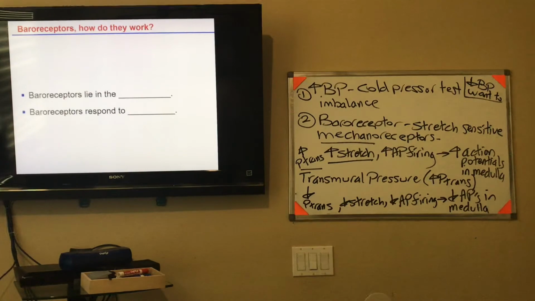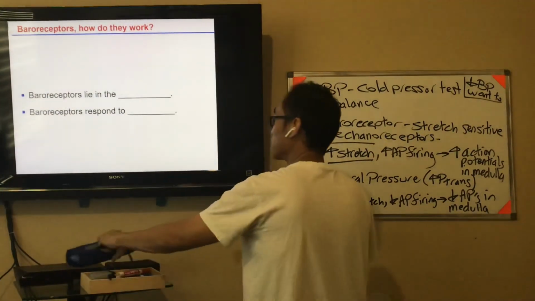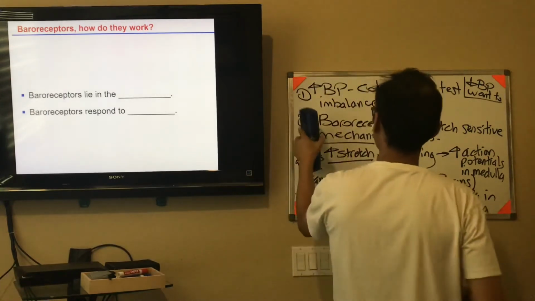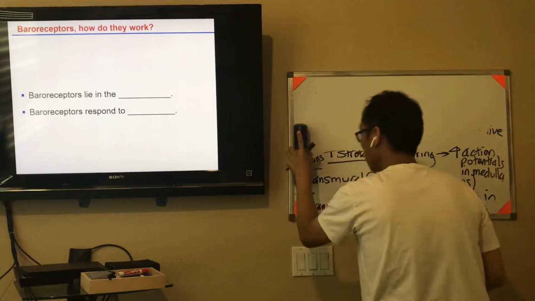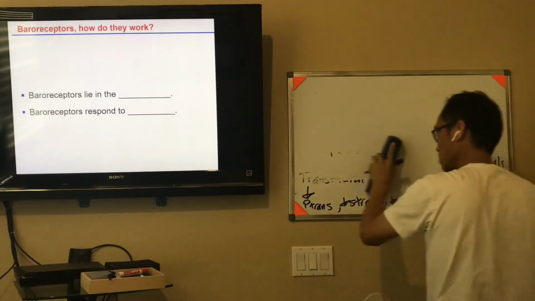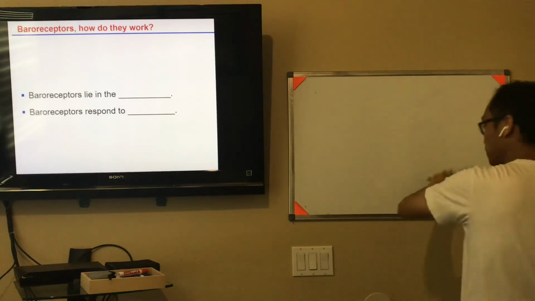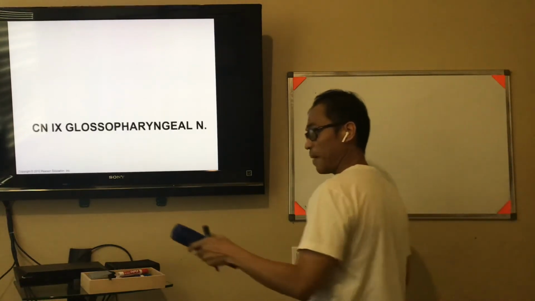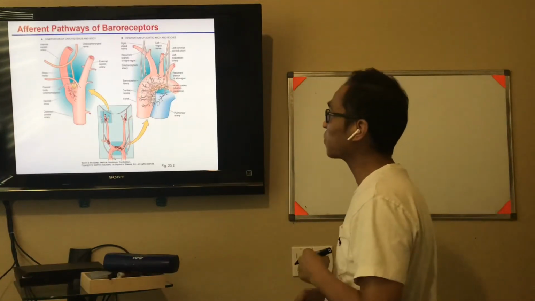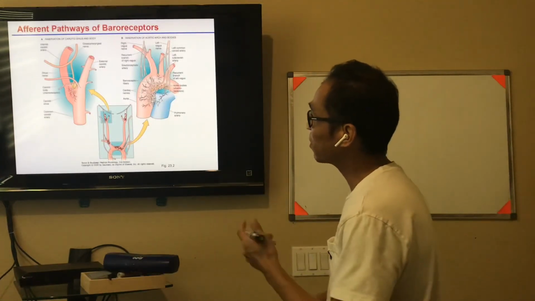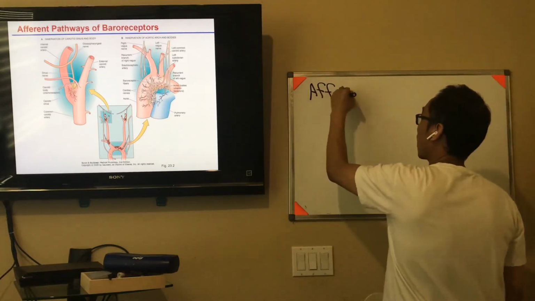So fill in the blank. Baroreceptors lie in the vessel wall and they respond to stretch. The afferent pathways are carried by the glossopharyngeal nerve. And if you study this figure, well, let's just kind of put here afferent pathways for this reflex.